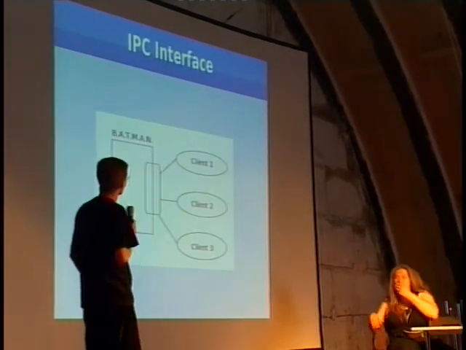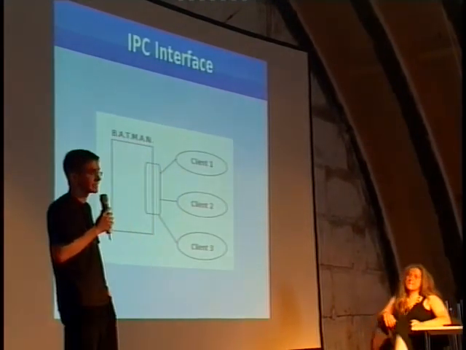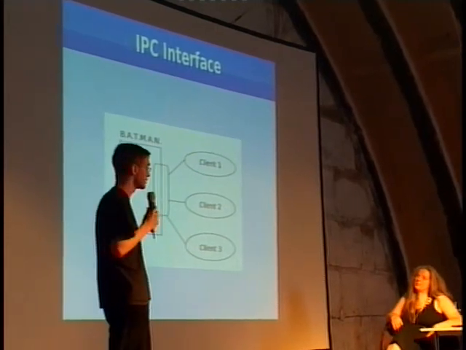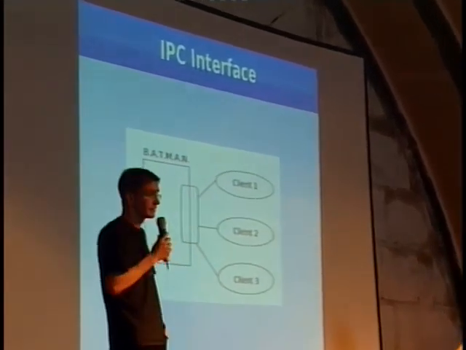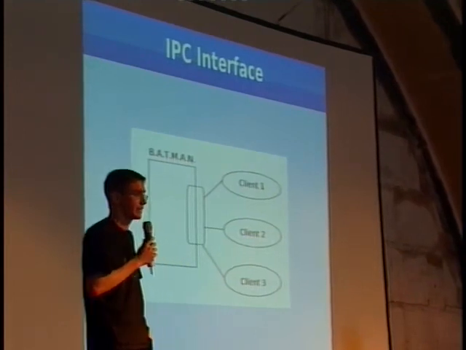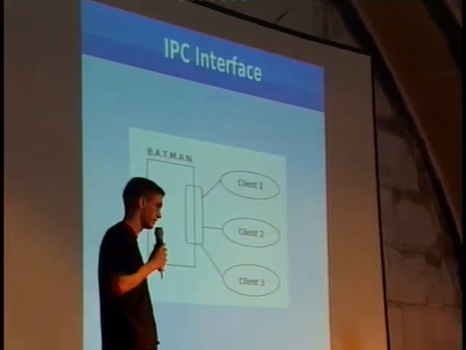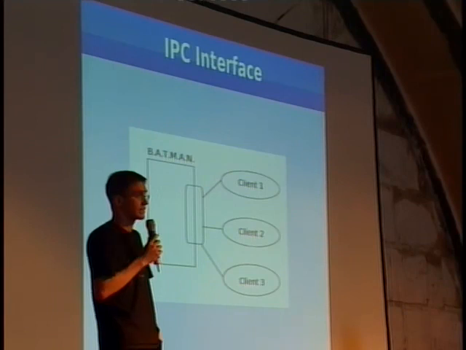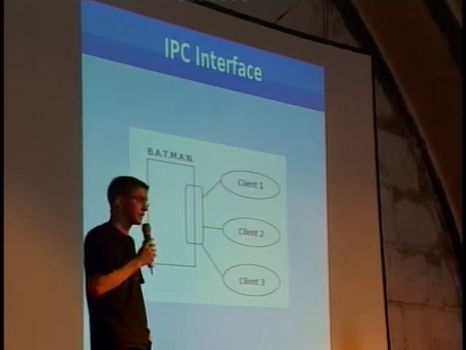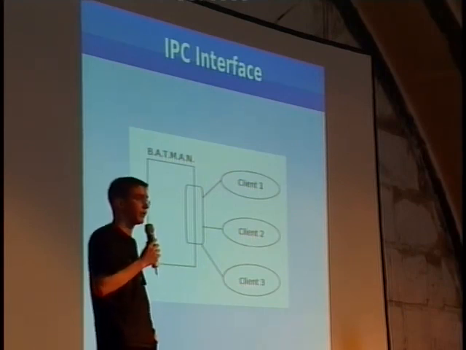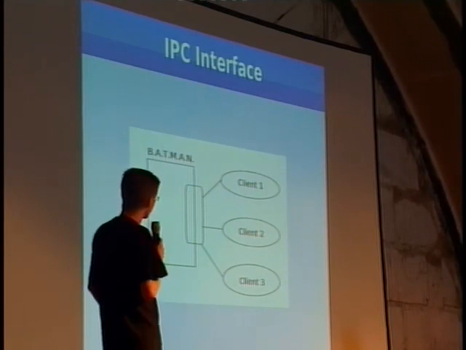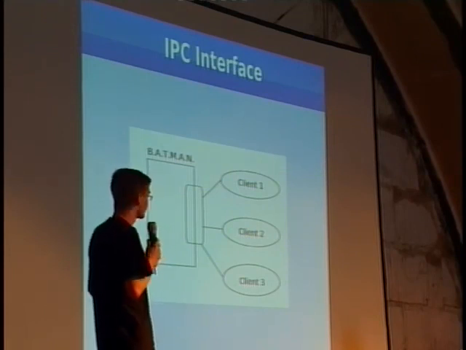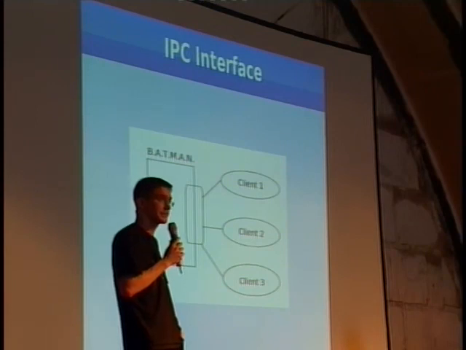So first of all, we created an IPC interface for Batman. That means you can connect to Batman at runtime and you can insert commands to change the behavior of Batman or to get certain information. This is done via a Unix socket.